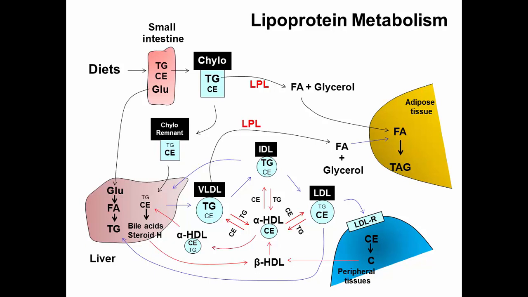This triglyceride is made in the liver, but also needs to be transported to the adipose tissue, so the triglyceride is loaded onto VLDL. So VLDL is made in the liver, right? And similarly to chylomicron, LPL is also needed to hydrolyze triglyceride in VLDL, and then release fatty acids for pickup by adipose tissue.